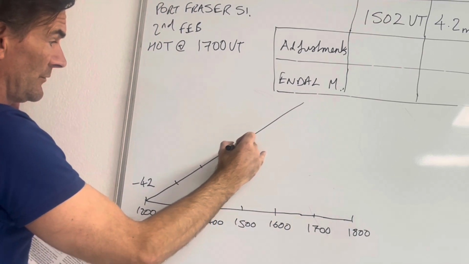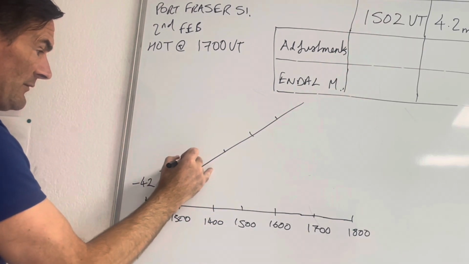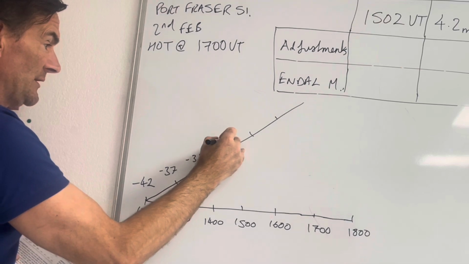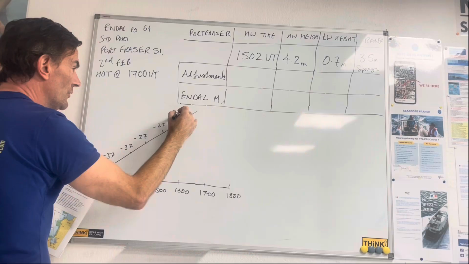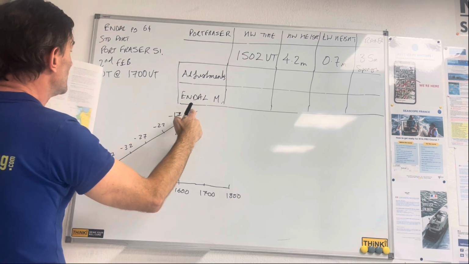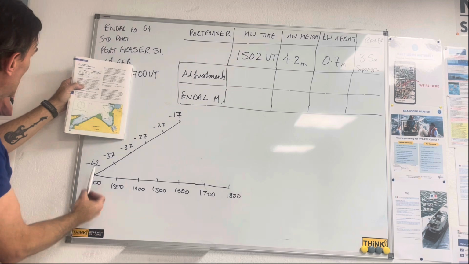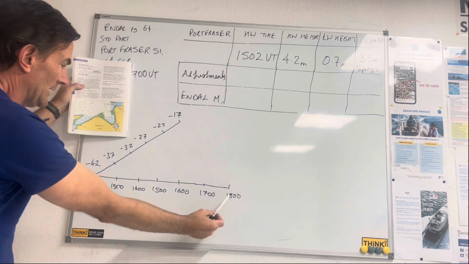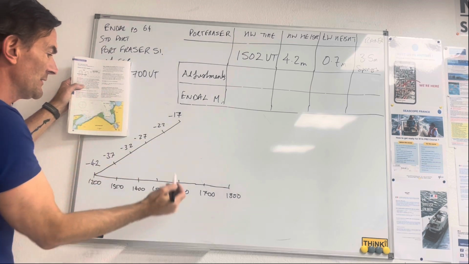1, 2, 3, 4, 5. There they are. So that's going to give us minus 37, minus 32, minus 27, minus 22, and the minus 17 that we just saw there in the almanac on page 64. I'll just get rid of the end of that line so you can see quite clearly. Between 12 o'clock and 1800, the adjustments are minus 42 and minus 17.